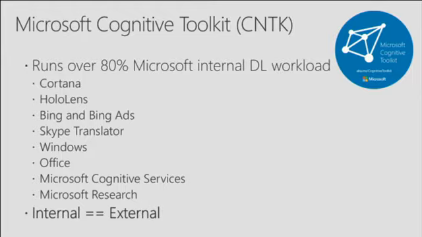One of the things that we're very proud of is that the toolkit is basically identical internally and externally. So if you get a copy from GitHub of CNTK, you'll be essentially using exactly the same copy of toolkit that's being used by all product teams inside Microsoft.